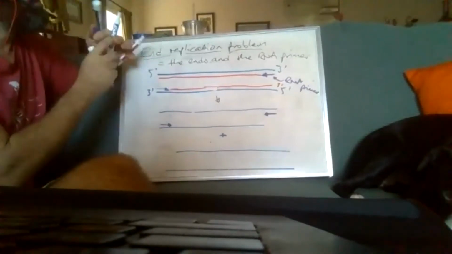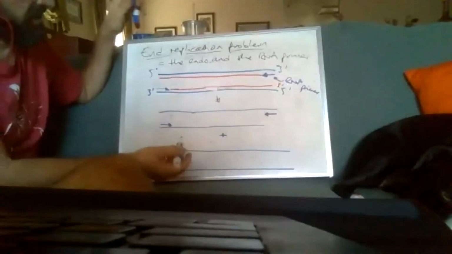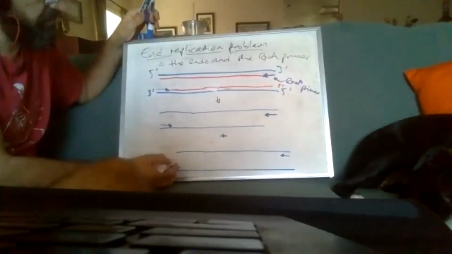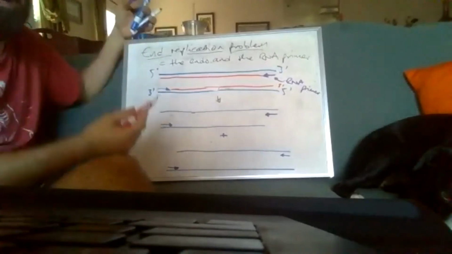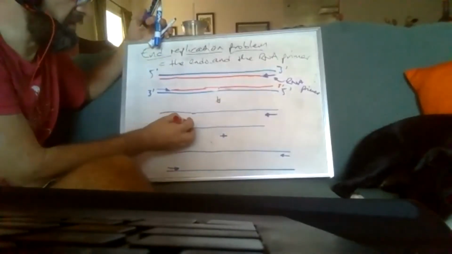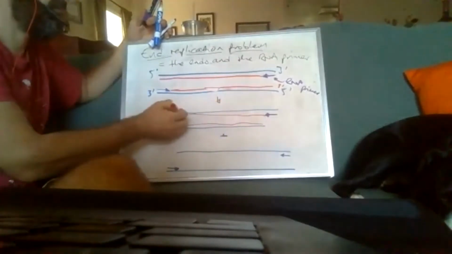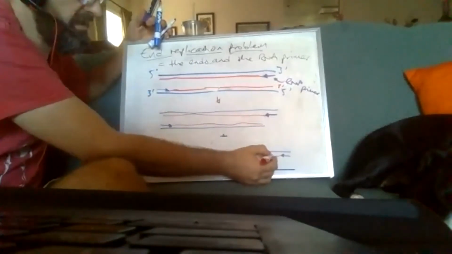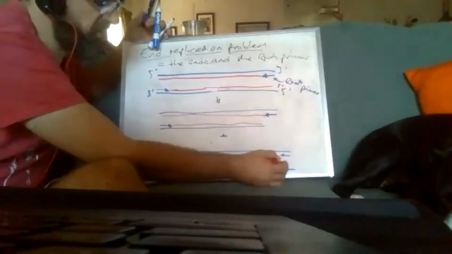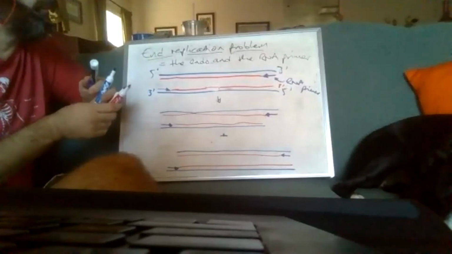So what that means is that every time you replicate your DNA, right, we have the same going on here. So imagine these are cells going through repeated rounds of replication. Your DNA gets shorter, or each chromosome gets shorter at each end by the length of one primer.